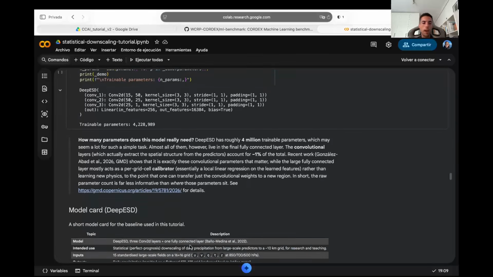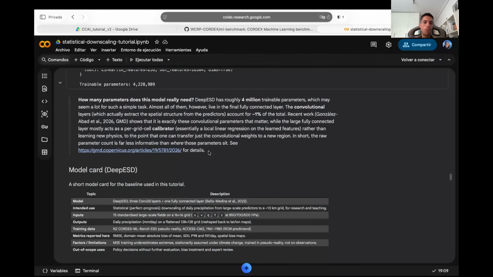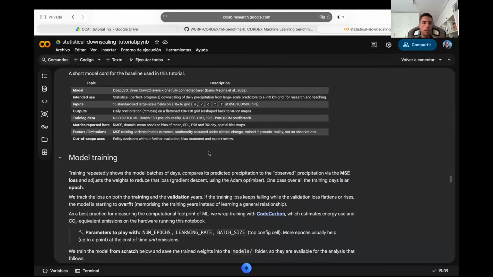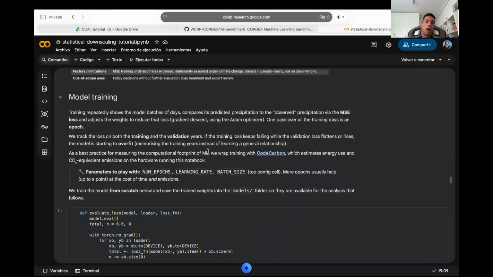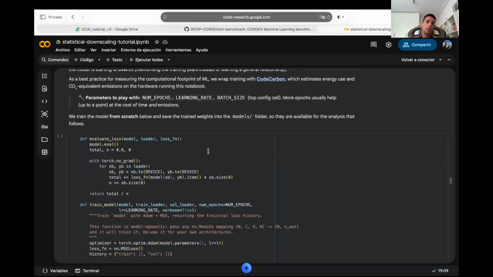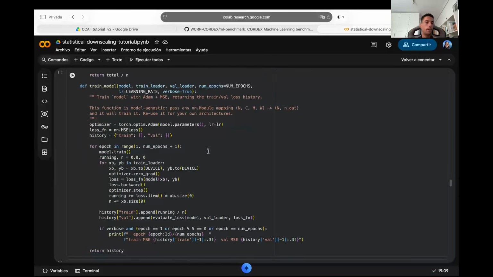Once we have defined the model, again, you have more details and more anecdotes about the models in the notebook, so I really encourage you to look at the notebook in detail. Once we have defined the model, we can train it. I will not go into the details. The training is quite simple.